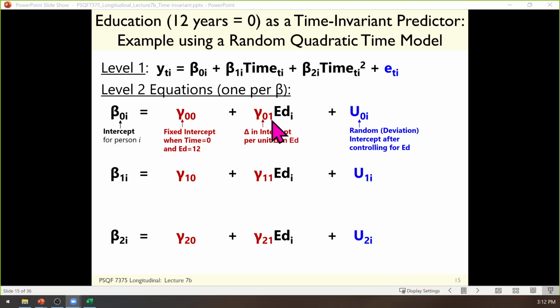Could more education not help after a certain point? Sure I could. If I wanted to do that, I could add education squared as a second predictor, and it would be gamma 02. So that is to say that all the stuff that we paid attention to in terms of nonlinearity with time we should also pay attention to with any quantitative predictor that's not time as well.